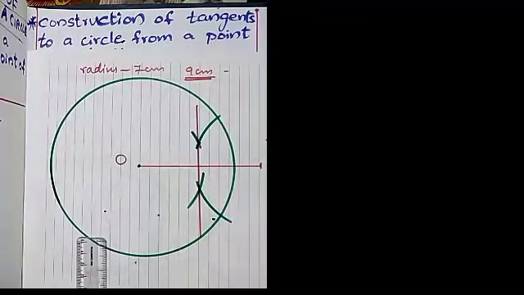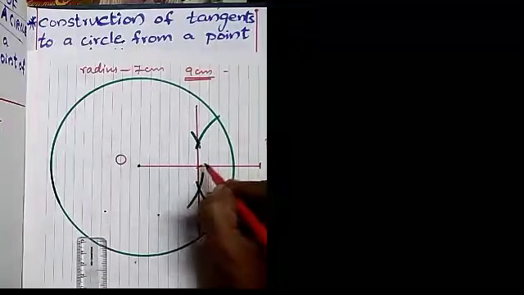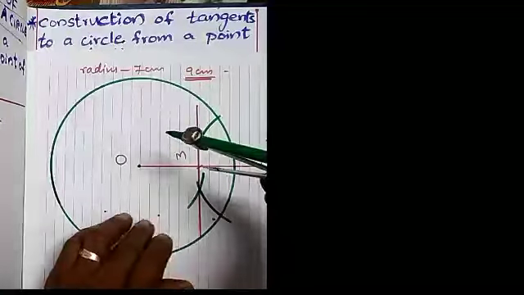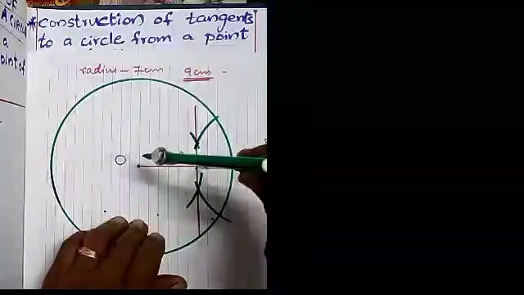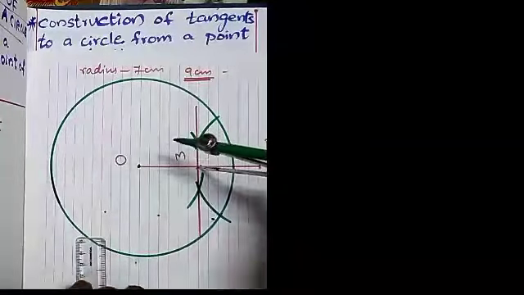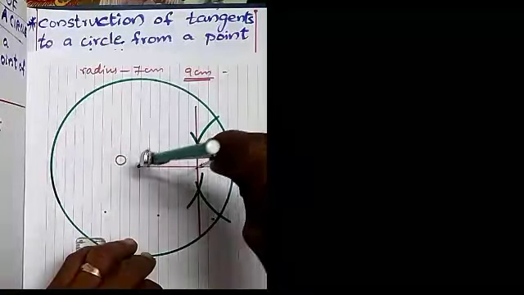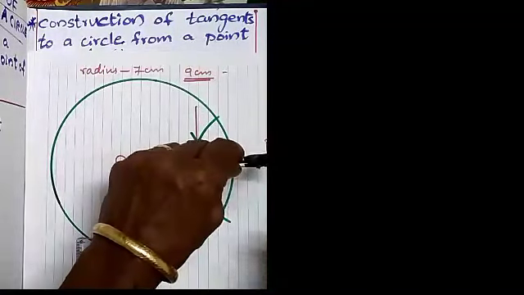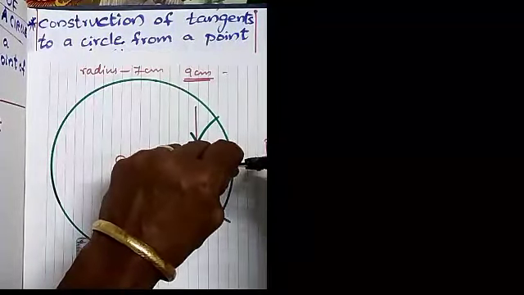Now this point we can name. What's the name we can give? Here it is, suppose M. Now with M as center and MO radius. See that? M as center, MO radius. Draw another circle and you are sure that it will pass through the point P also. Okay.